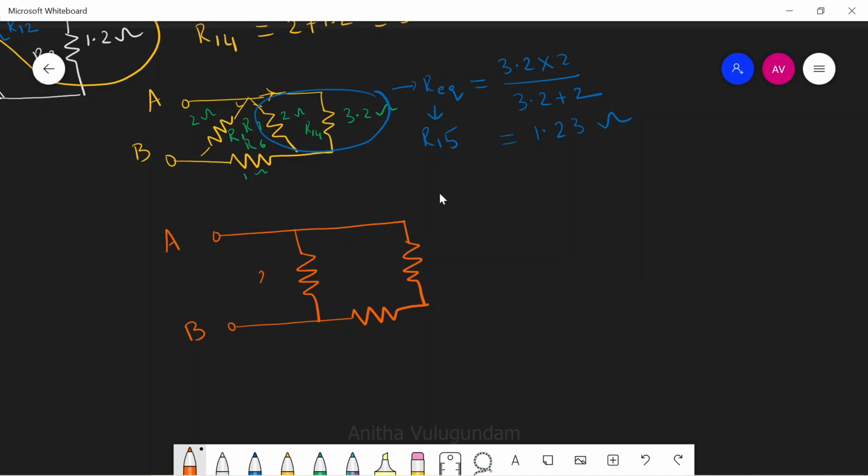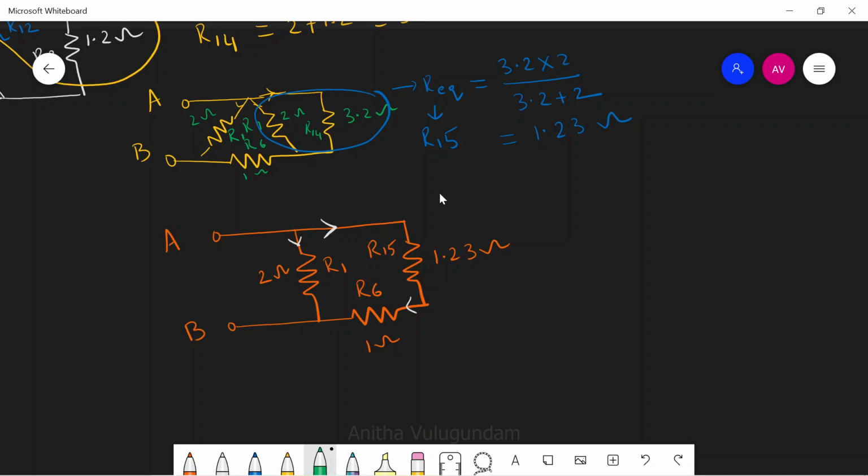A, B, and this is 2 ohm, which is R1. This is 1 ohm, R6, and this is 1.23 ohm, R15. Okay, you can see current gets divided like this, and from the figure we can say R15 and R6 are in series, which is in parallel with R1.